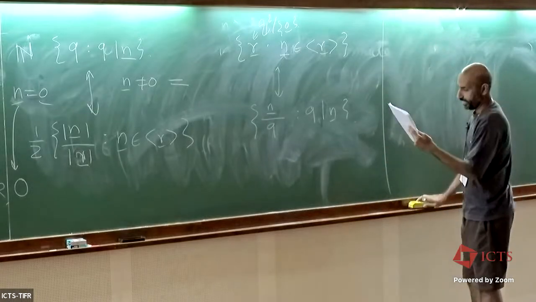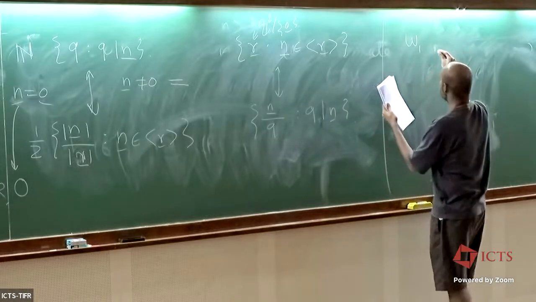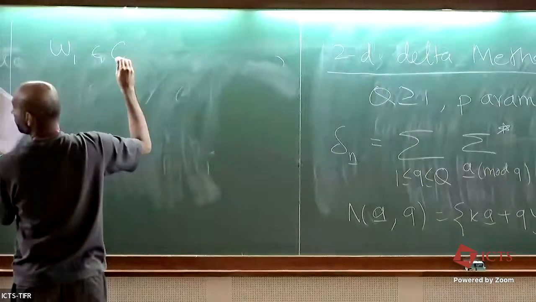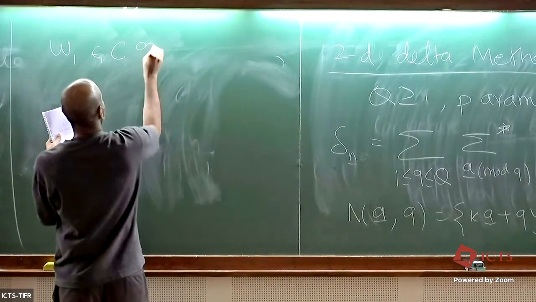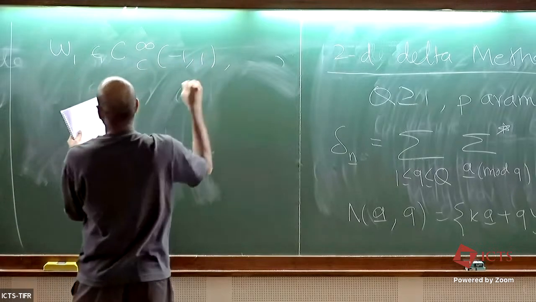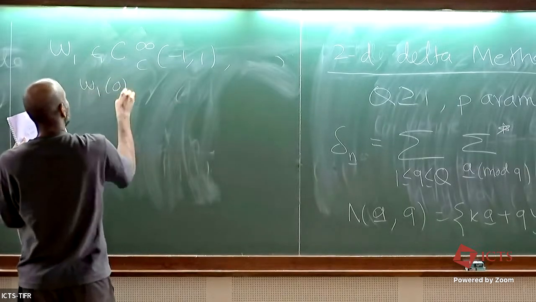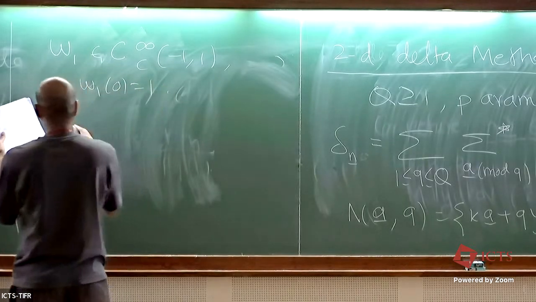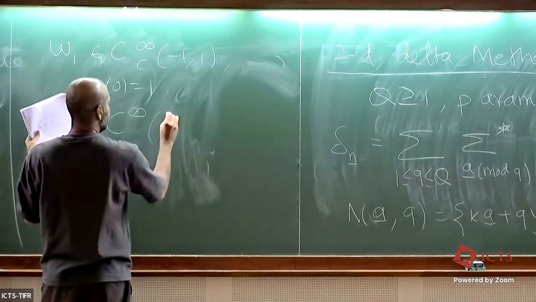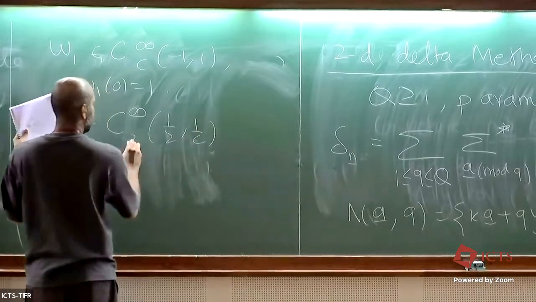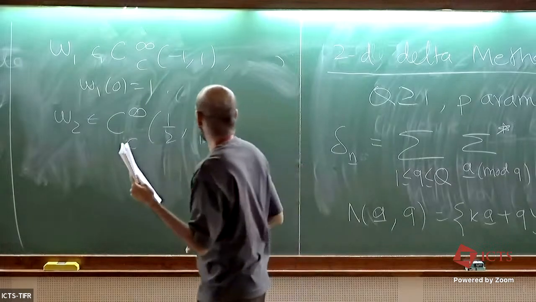So you could actually play around with this, but this is the optimal formulation that we use for our application. So I'll define, this is analogous to what I said with one-dimensional delta. So I will take a function, omega 1, which takes value 1 at 0, and omega 2, which is supported away from 0, between half and 1.